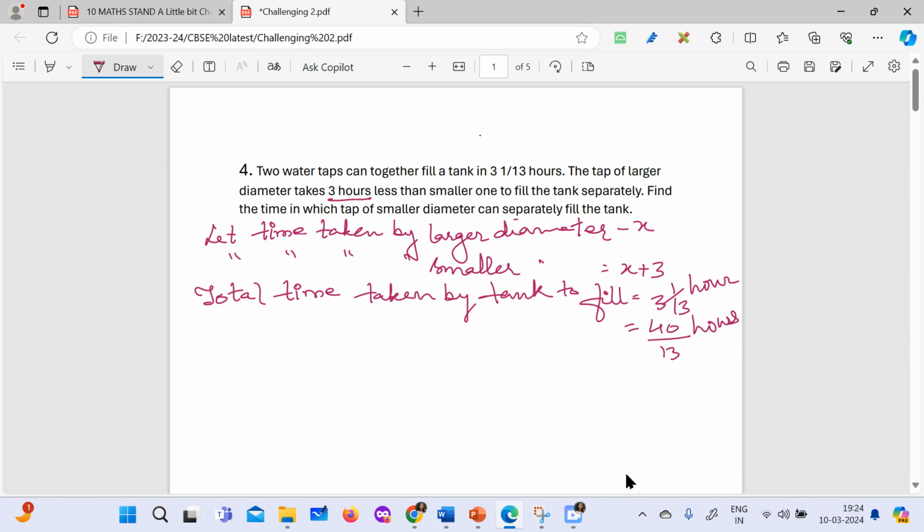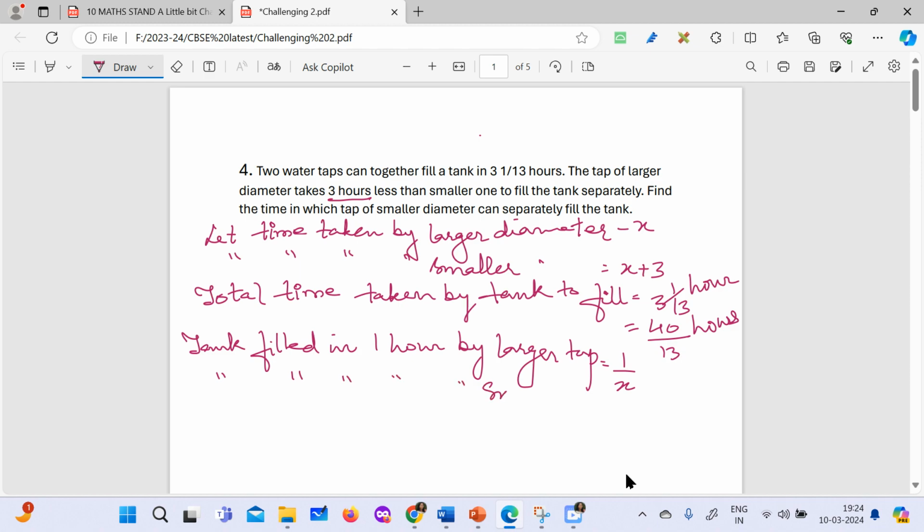Now, the tank filled in 1 hour by the larger tap will be 1 over x, and the tank filled in 1 hour by the smaller tap will be 1 over x plus 3.